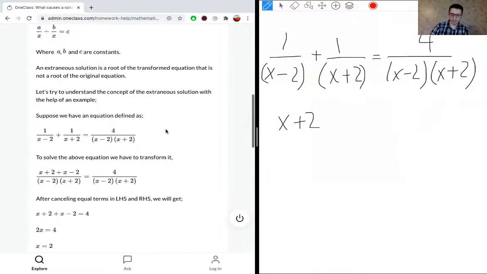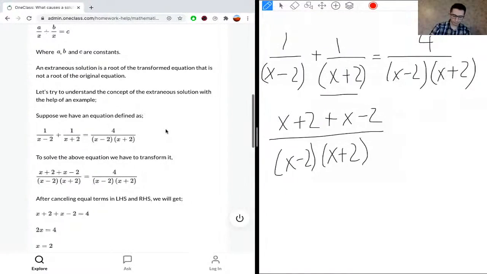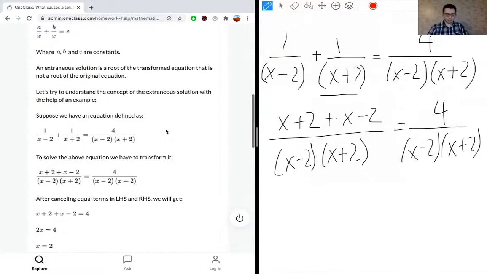And if we multiply this component by x minus 2 on top and bottom, we get x minus 2 on top, with the same denominator on the bottom. All we did is find the common denominator and do this for all components of the equation.